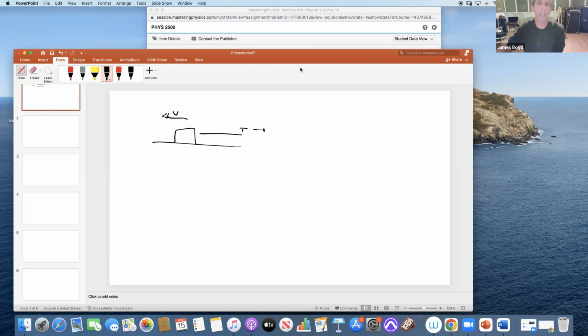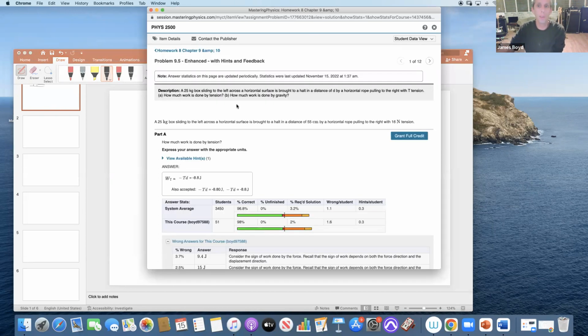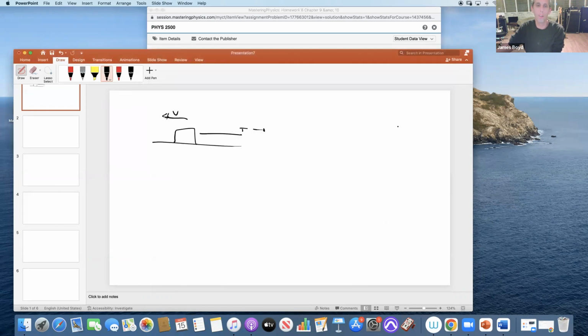So the box is 25 kilograms, and it's brought to a halt in 55 centimeters by a 16 Newton tension. So we want to know how much work.